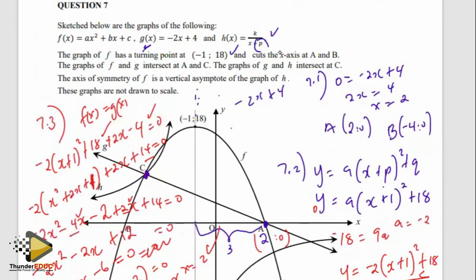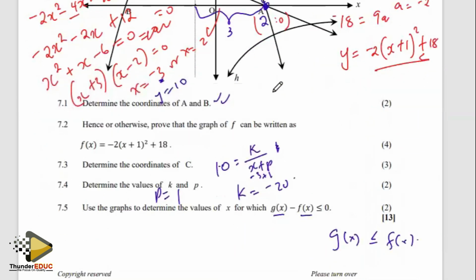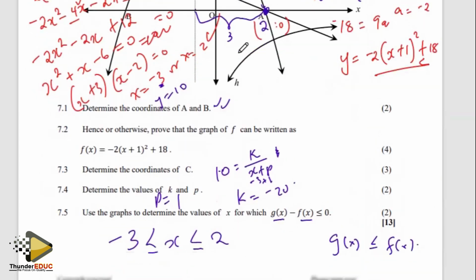Okay, so g is the straight line. Where is the straight line below? So it's between these points. So you're going to say 3, which is a negative. So negative 3 is less or equal to x, and then less or equal to positive 2. So between that interval, the g of x is below.